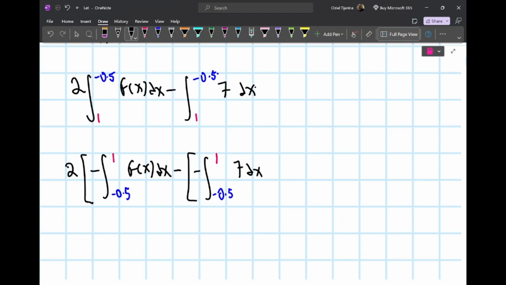So it's a lot of brackets and stuff. And let me actually do it this way. Okay.